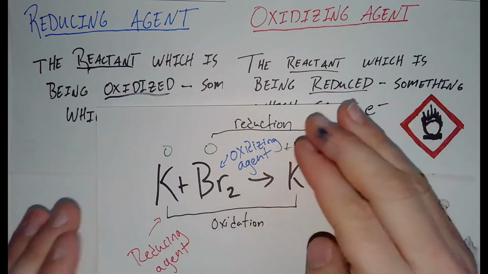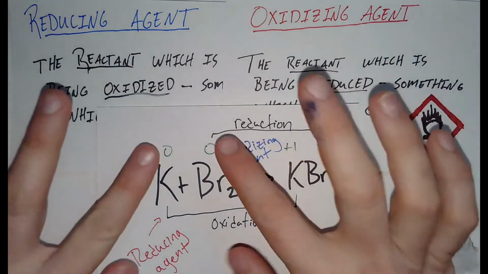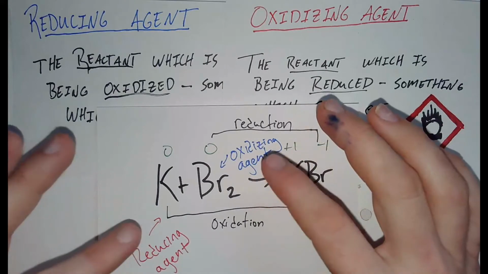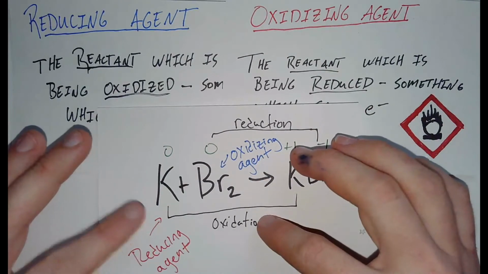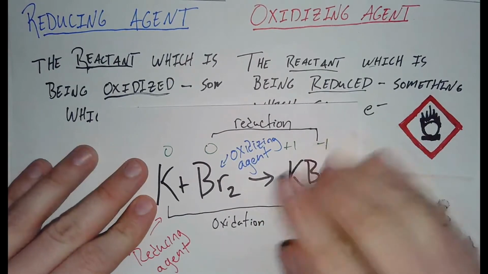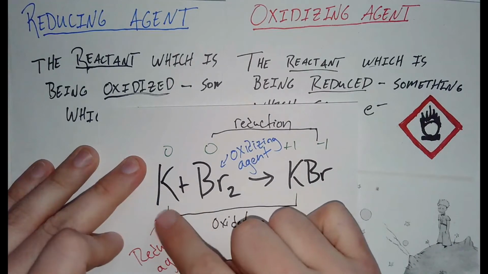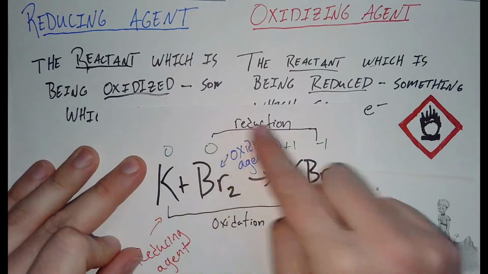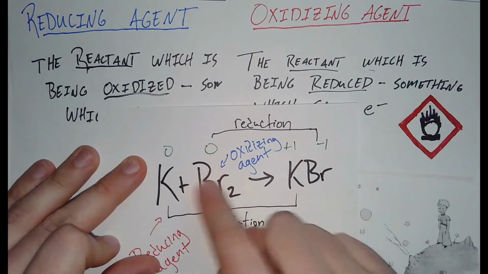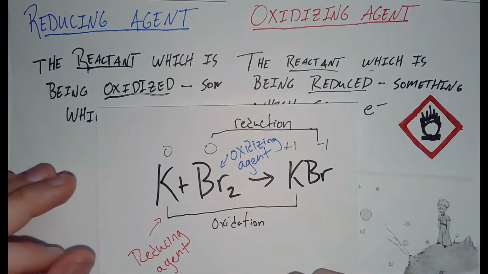And in the scheme of things, I much more care about the numbers and being able to connect them over being able to identify these agents. But once you have oxidation, the product side of oxidation does not matter, and the reactant side of oxidation is called the reducing agent. Once you have reduction, the product side does not matter, and the reactant side is going to be called the oxidizer.